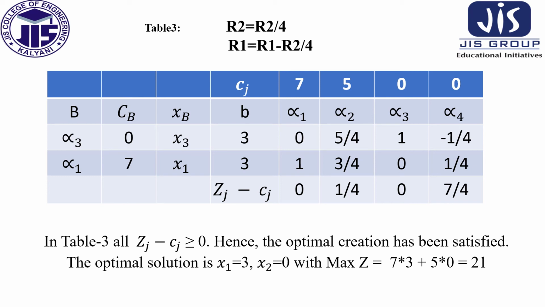This is a slack variable. So the optimal solution is x1 equal to 3 and x2 equal to 0, with max Z equal to 7 into 3 plus 5 into 0 equal to 21. So we are putting the x1 and x2 values in the objective function to get the result.